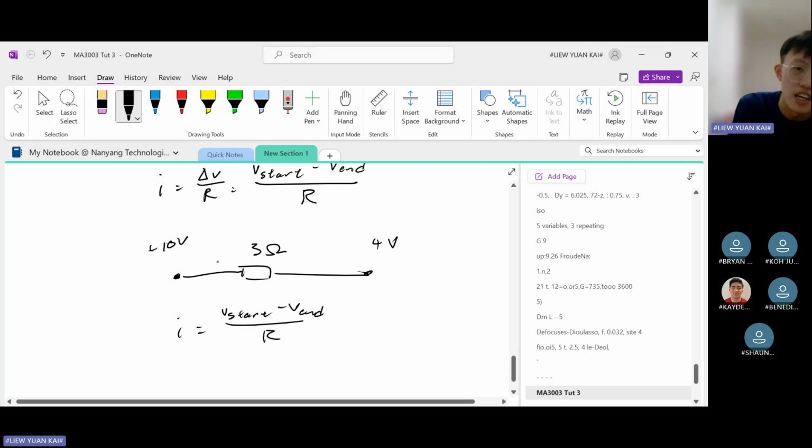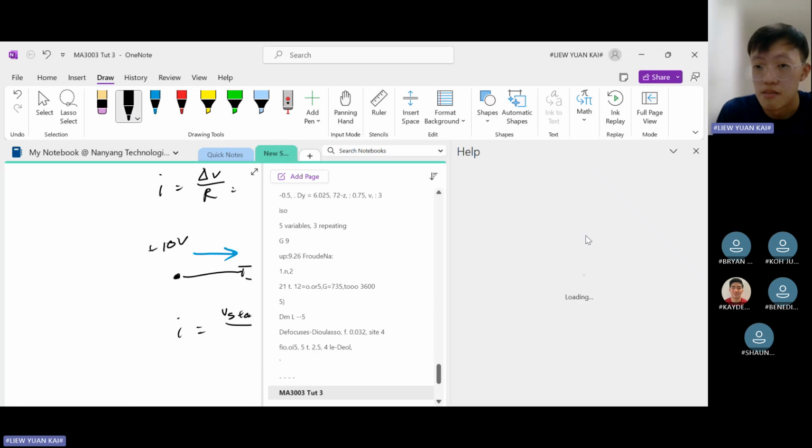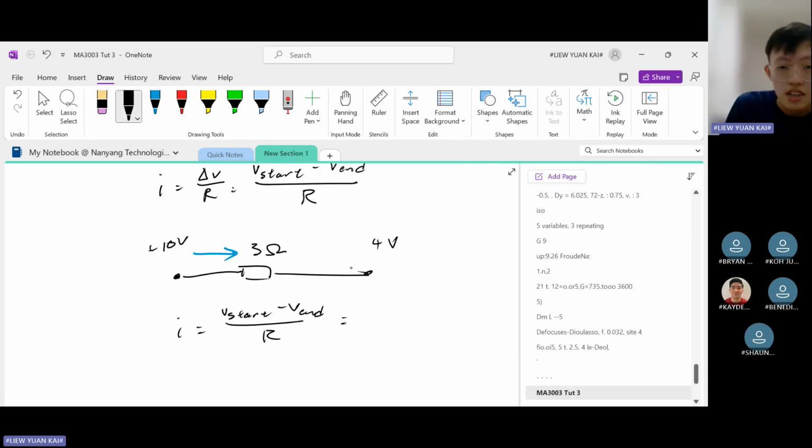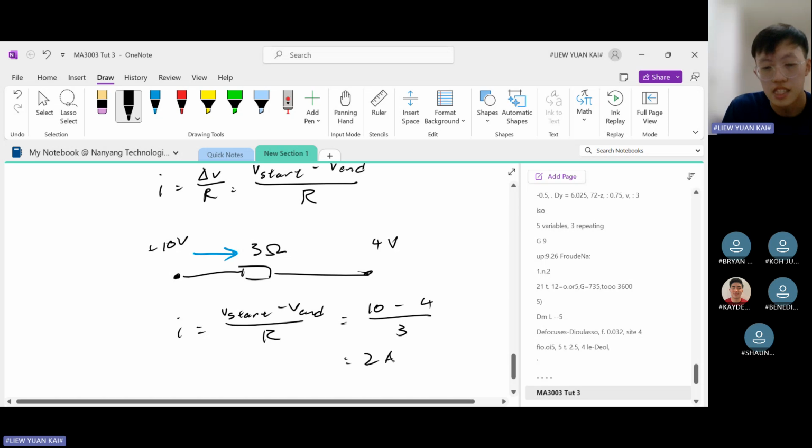So that's 10 minus 4 divided by 3. 10 minus 4 is 6, and 6 divided by 3 is 2. So this is how you calculate current.